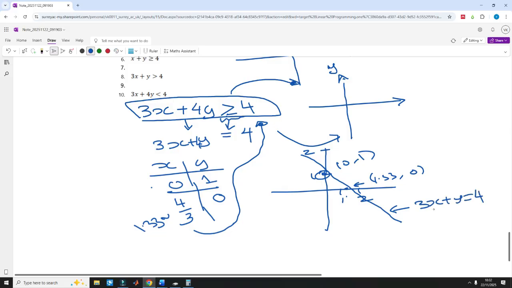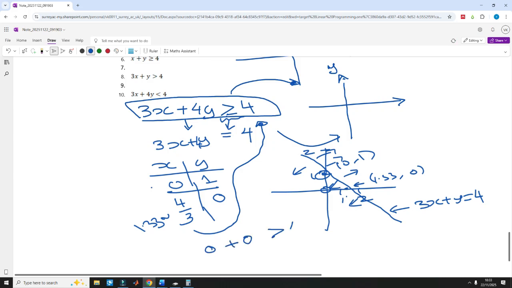Now we need to find which region corresponds to 3x plus 4y greater than 4. Either this side of the straight line or the other side. How do you find that? Pick one point somewhere here. Let's say x is equal to 0, y is equal to 0. This point is below your straight line, isn't it? So 0 plus 0.